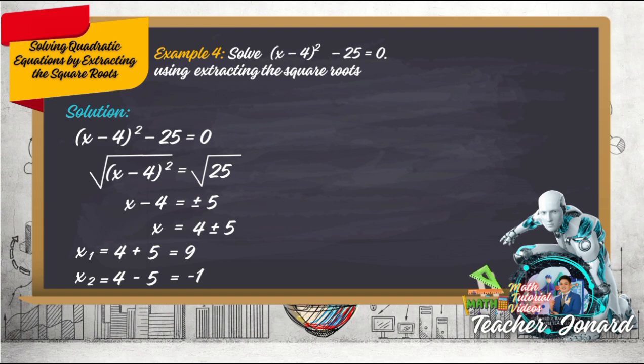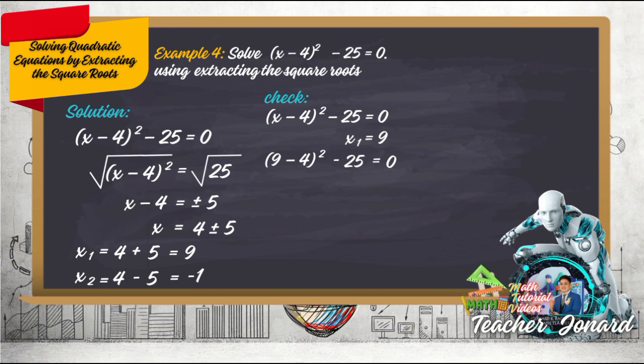After solving for the variable, check your solutions. The original equation is (x - 4)² - 25 = 0. Let's check if x = 9 is really a solution of (x - 4)² - 25 = 0. Substitute 9 into the original equation. We have (9 - 4)² - 25 = 0.